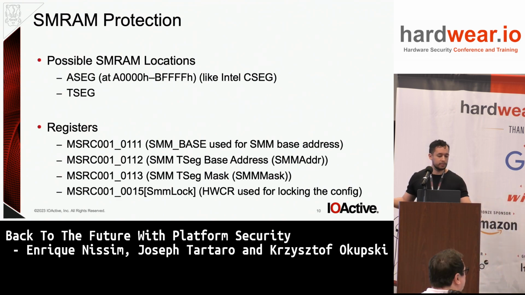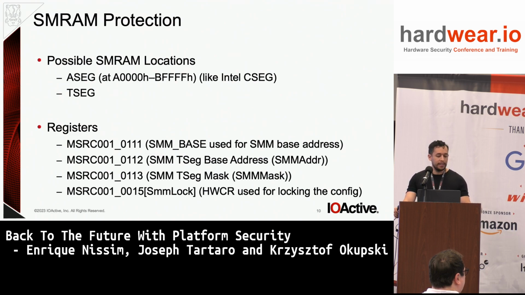Essentially, it is configured with these registers. We have a TSEG base and a TSEG mask, which together define the base and the length of the entire region where SMM code is going to live. And then we have the SMM base. Each one of these MSRs is per processor, so we have an SMM base per processor.